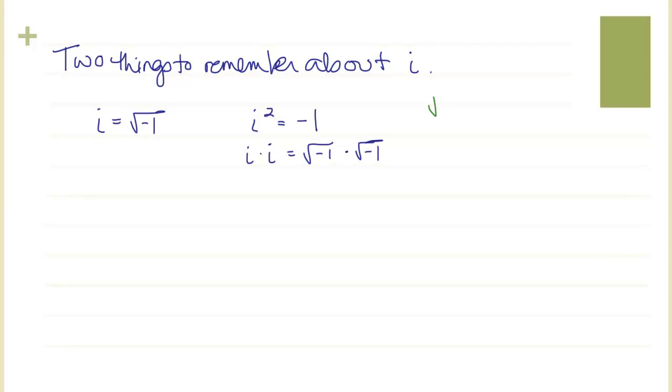What's the square root of 10 times the square root of 10? Well, that's the square root of 100. What's the square root of 100? 10, plain old 10. So whenever you square something that's a radical, you get the thing without the radical. So that's why this is true.